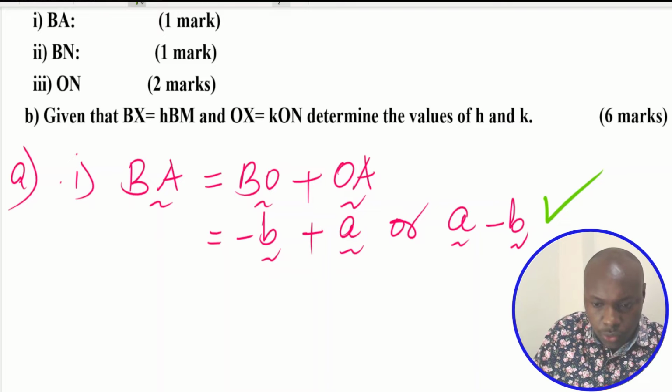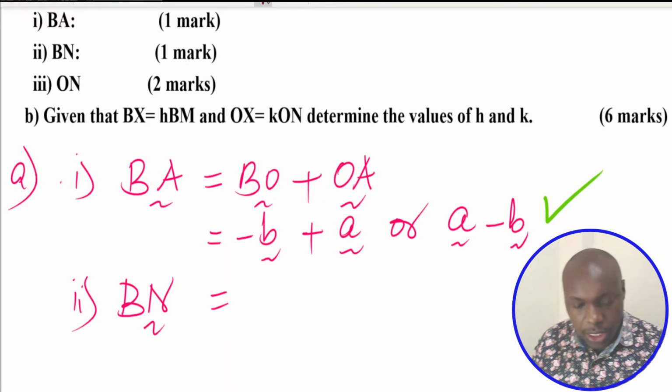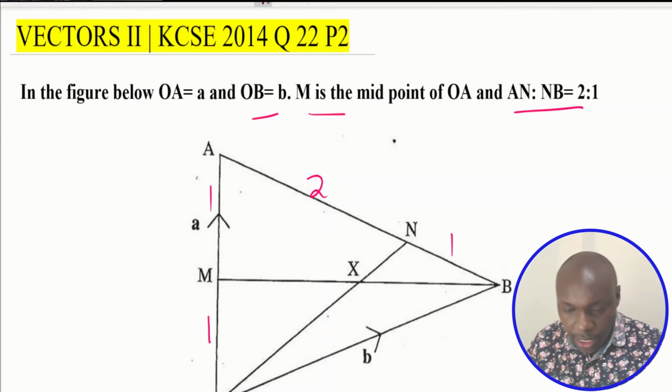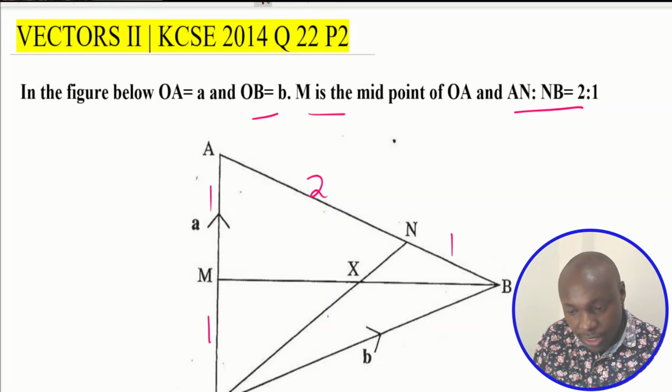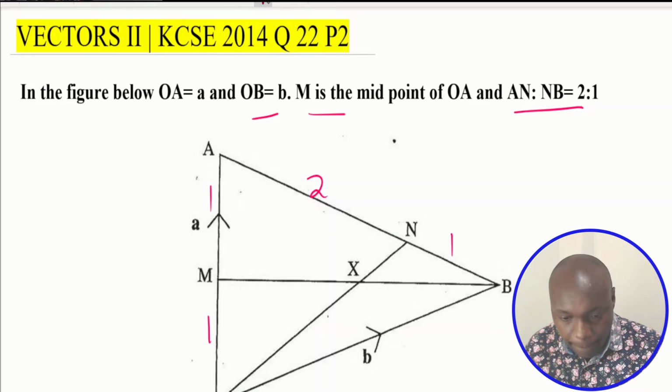We go to the second part, which is vector BN. How do we move from B to N? We shall just use this vector BA, since we have this ratio. N is dividing AB into the ratio 2:1.